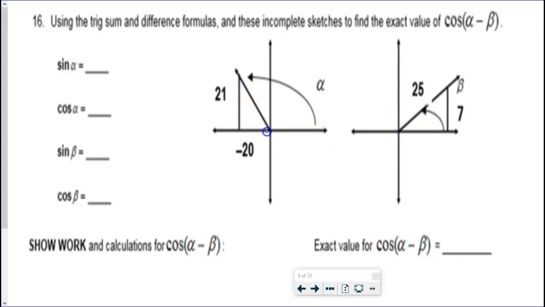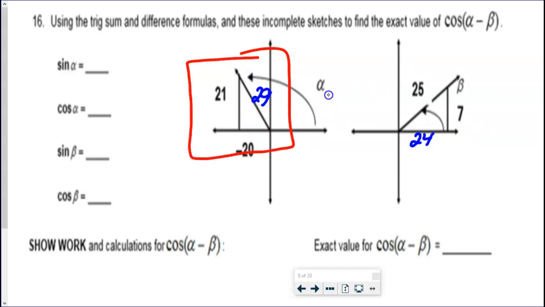So you have a drawn triangle for alpha and for beta. Whether it's Pythagorean theorem or that you have this memorized, this is a Pythagorean triple, so the hypotenuse is a 29, and then this leg would be a 24. So again, Pythagorean theorem or just from memory, that's awesome. So this triangle right here is referring to what they're calling angle alpha. So they're going to want you off to the side to write down all the ratios for alpha.